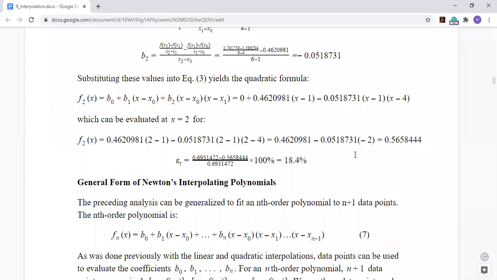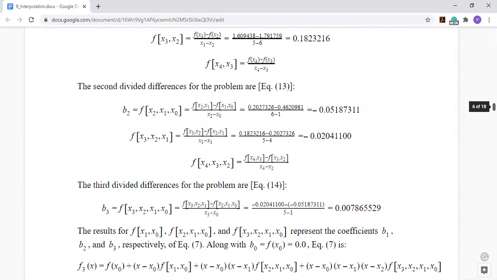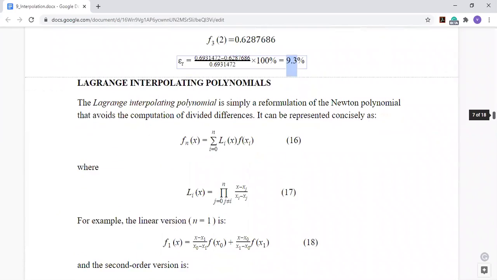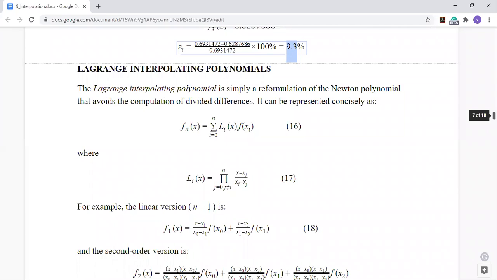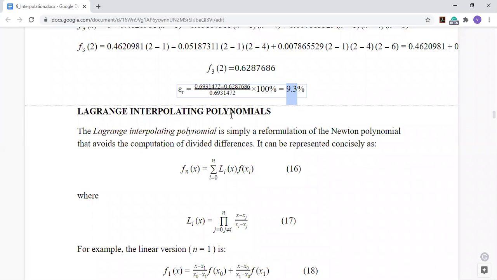Now, when we used a third order polynomial to fit the known values to interpolate the value of the function we don't know, the error reduced by half. It's now 9%. So like I said, the more points you have, the higher the order of the polynomial you can fit, and the more accurate your result is.